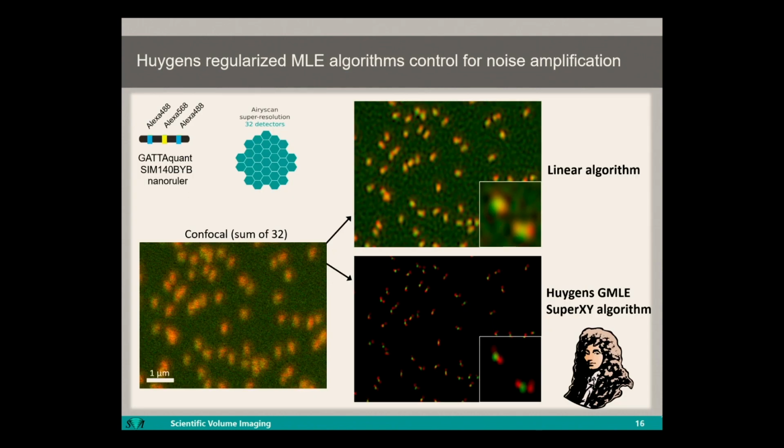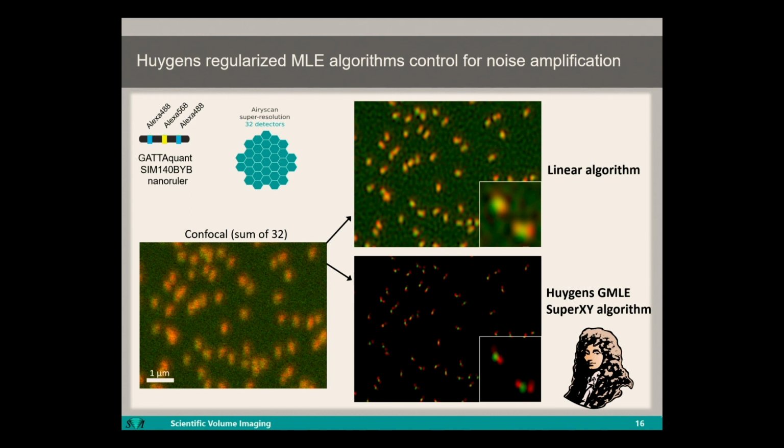In this experiment, we show that 140 nanometer Gataquant nanorulers cannot be resolved in a confocal setup, or if you sum the detectors. But if you deconvolve this dataset with a linear algorithm, so the less advanced algorithms, you can somehow resolve some structure, but if the noise model is not correct, you can create artifacts, and you see a noise amplification here in the background.